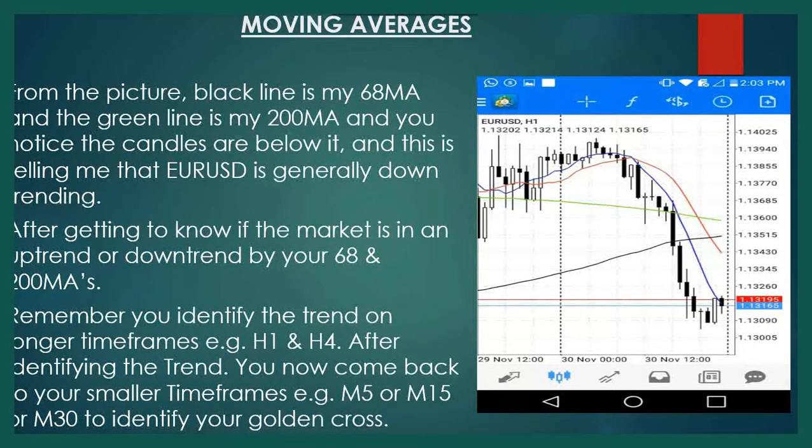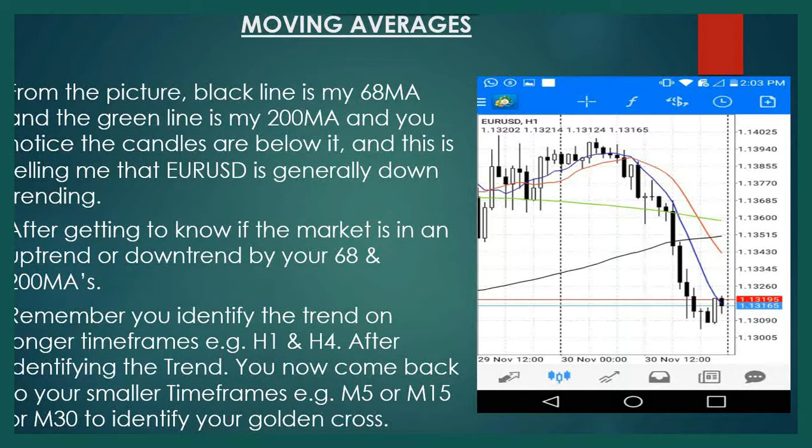After getting to know if the market is in an uptrend or downtrend by your 68 and 200 MAs, remember you identify the trend on longer time frames, example 1 hour and 4 hour chart.